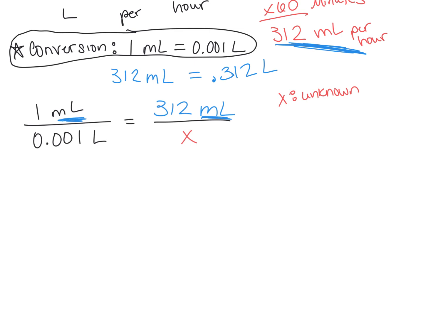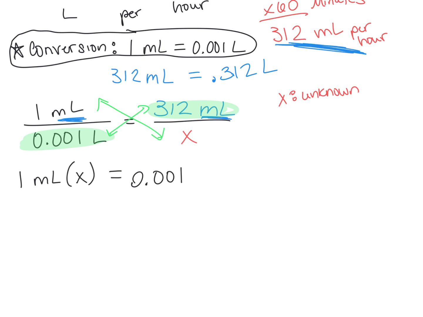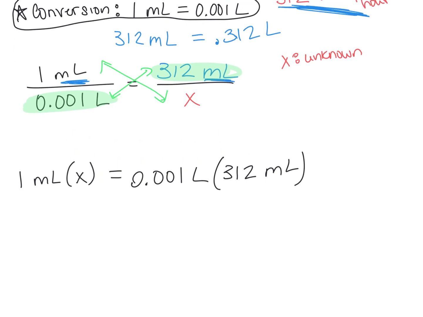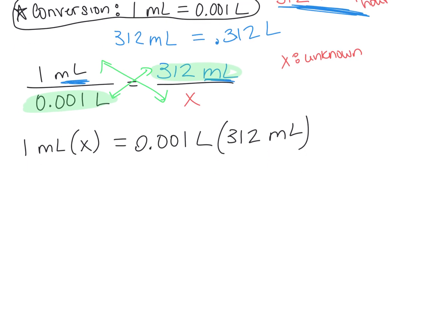I'll have 1 milliliter times X is equal to this whole thing times this whole thing, so 0.001 liters times 312 milliliters. I'm writing it in parentheses to show that multiplication. Now I need to solve for X, and I can multiply my numbers together.